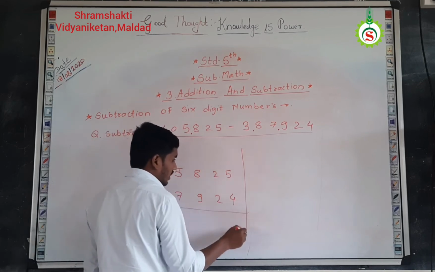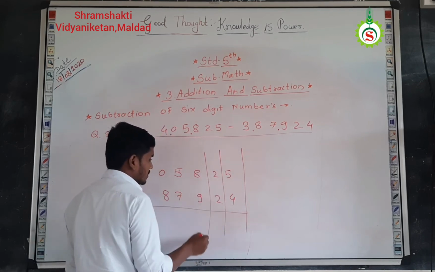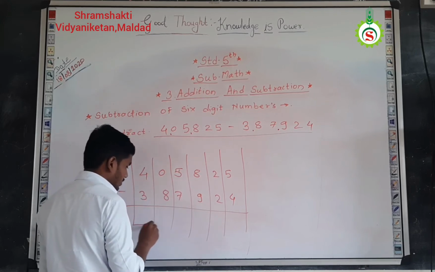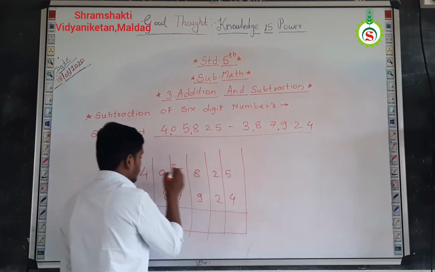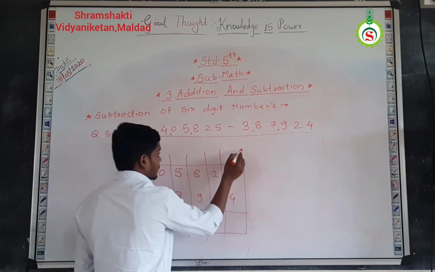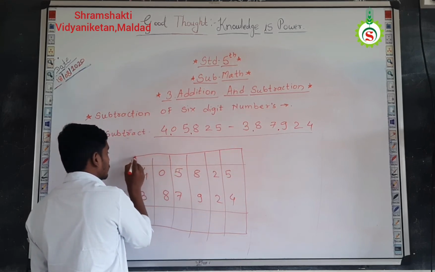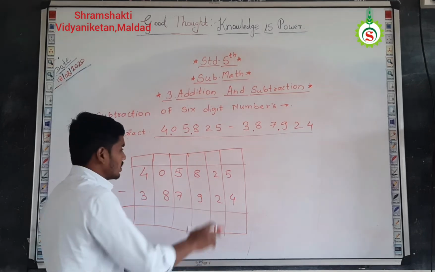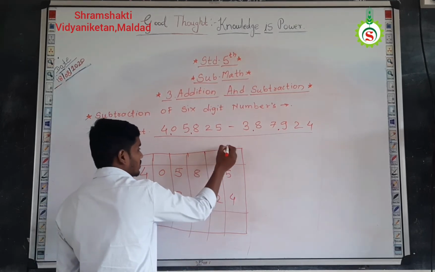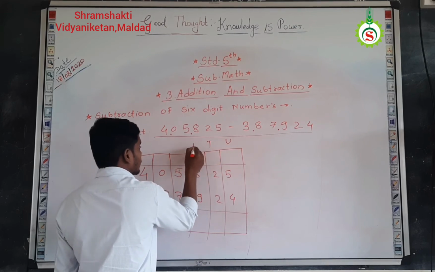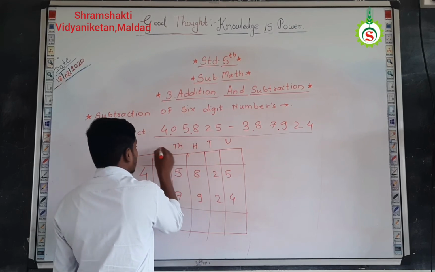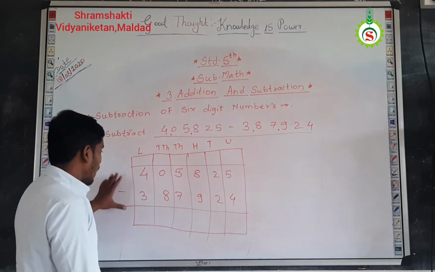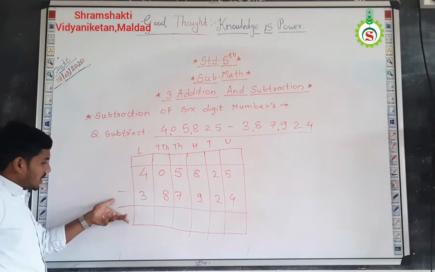Now for that, I will make the columns. A 6 digit number means I have to make 6 columns. If you want, you can write the places here: unit, tens, 100, 1000, 10,000 and lakh. Now I have arranged the given example in the vertical manner.